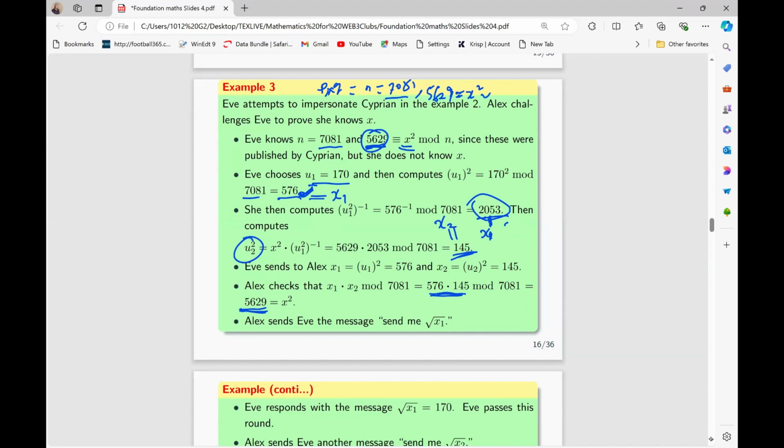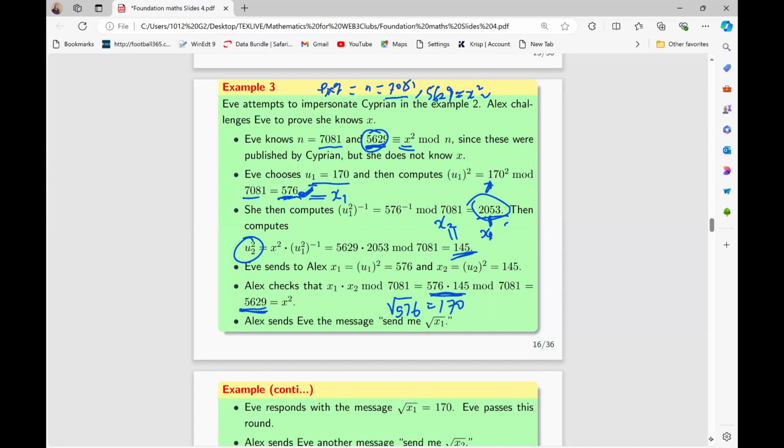Alex asks, give me the square root of 576. She goes back to her computation, and 576 was the square of 170. So she sends Alex 170 as the square root of 576.